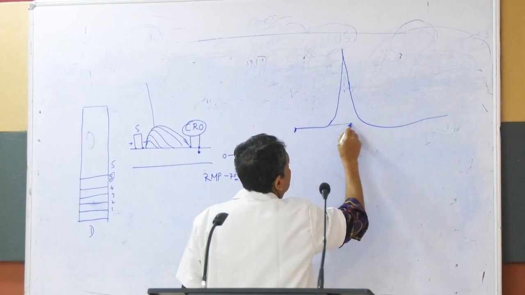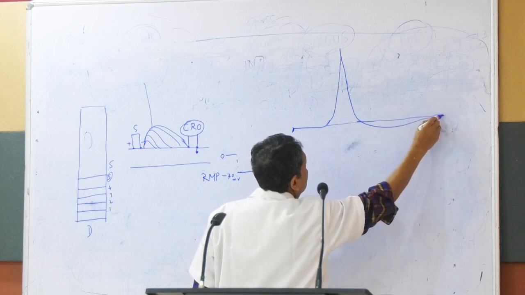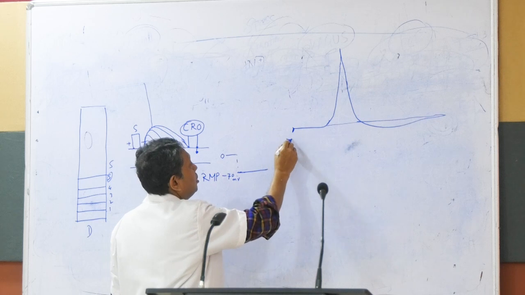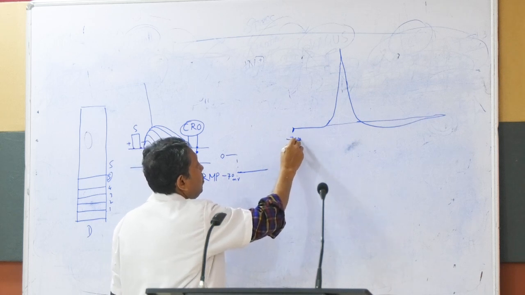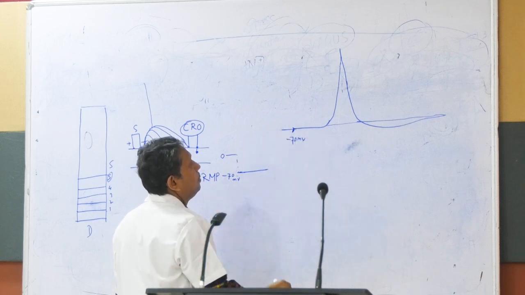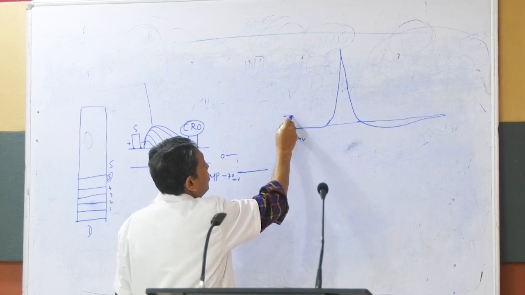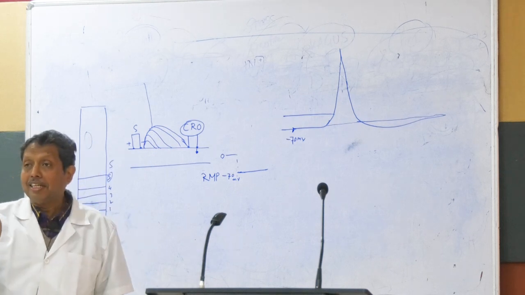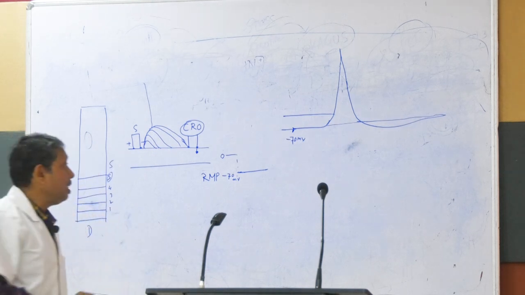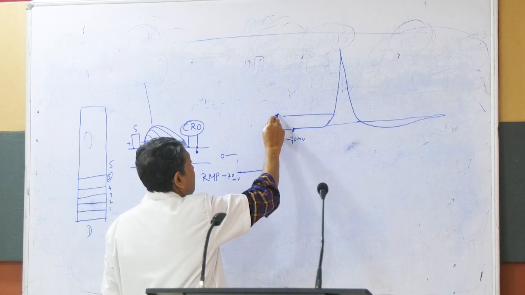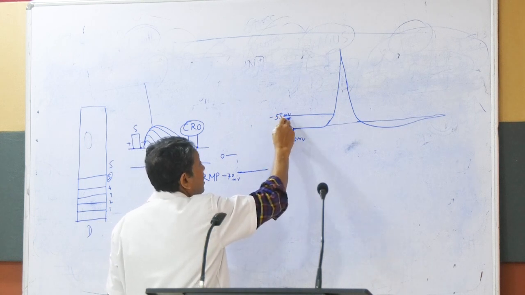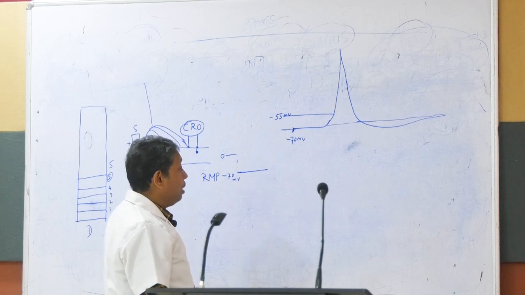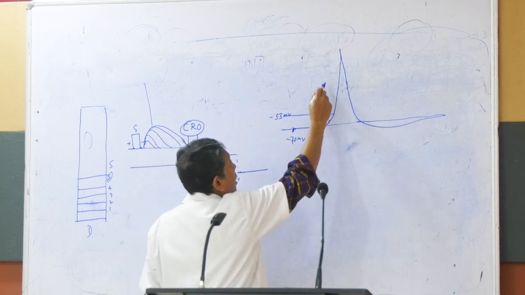Monophasic action potential. Suppose the resting potential is minus 70 millivolt. Invertebrate axons are preferred because they are larger in diameter. When it reaches the threshold of minus 55 millivolt, there is an abrupt change due to rapid entry of sodium ions.